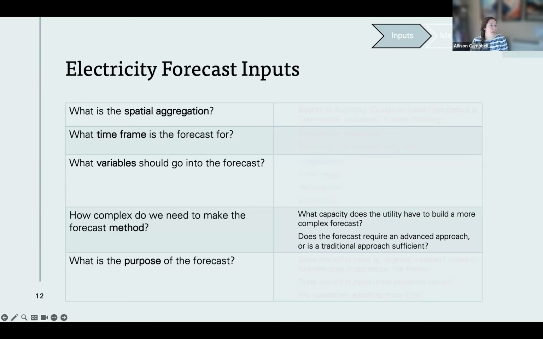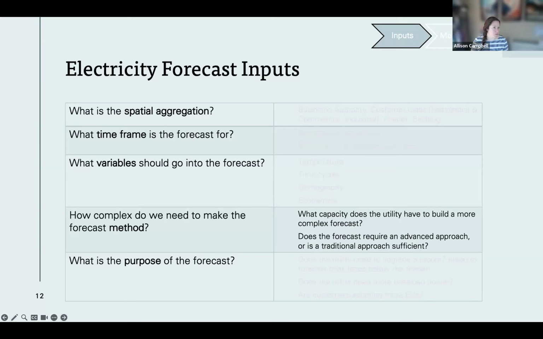We also need to consider how complex we want to make the forecast method. Sometimes complexity can be very good. For example, if you are thinking about adopting different AI approaches, that can be very helpful, but it might not always be needed. Often the more simplistic approaches are also the most robust and the easier to explain to regulators.